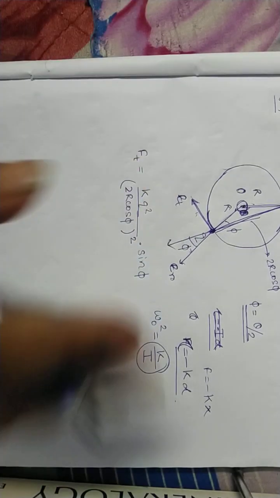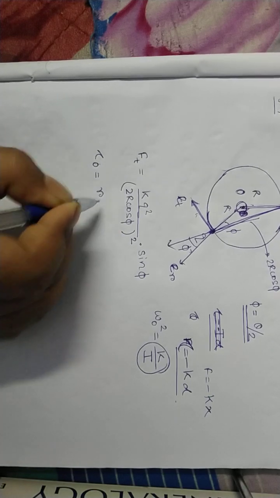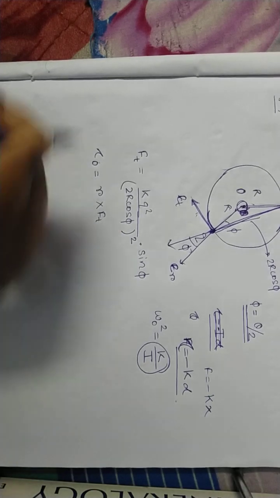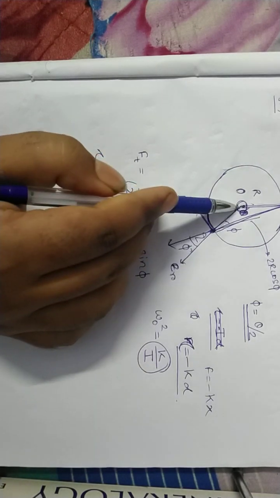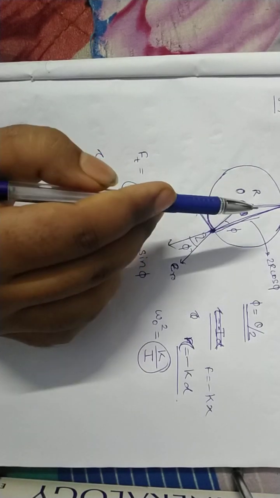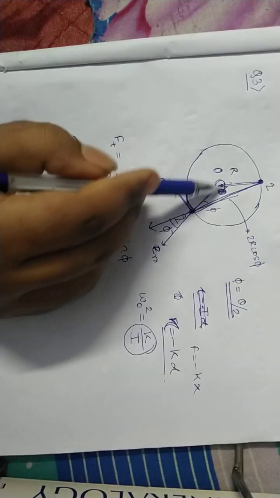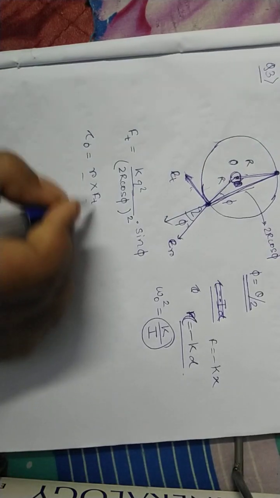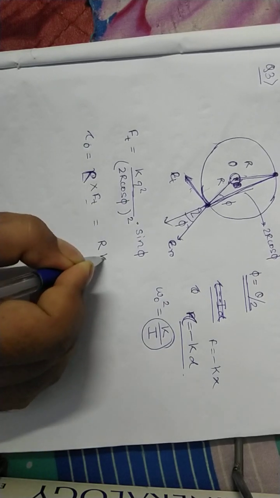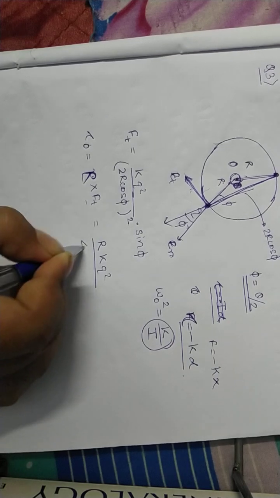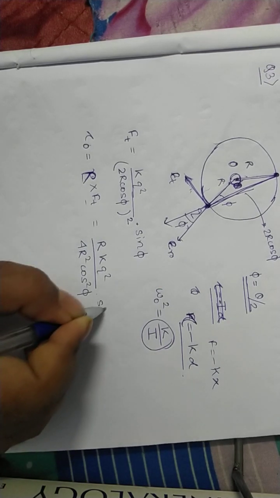Then the torque about O is R into F tangential. We can take torque about any point, but for our convenience we are taking torque about this point. So R cross F, so R k q square by 4 r square cos square phi sin phi.